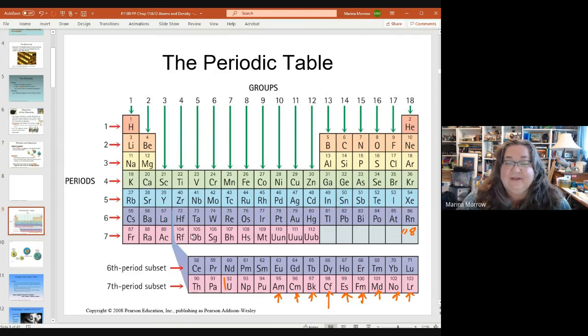So those are new ones, and then we have these other ones here, which have also been created. And they're named for various people or places, locations where they were discovered. But natural elements usually are around 90, 92.